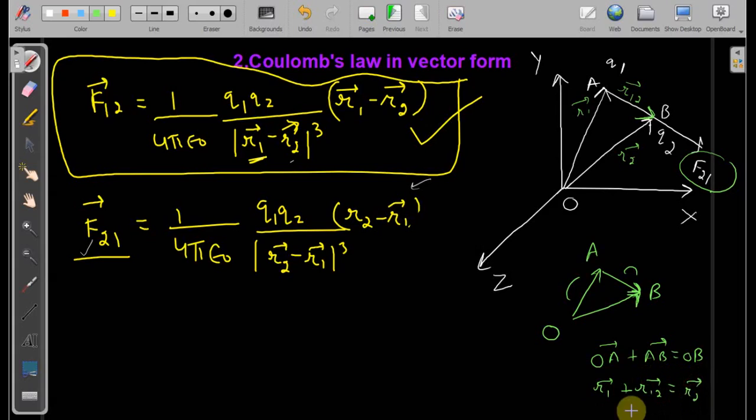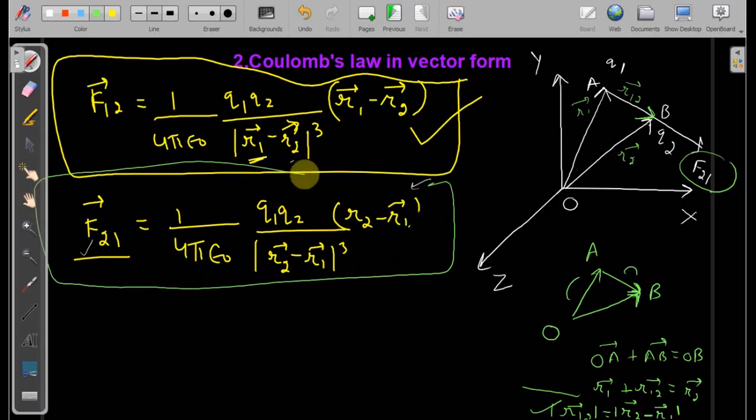So it means you can write R12 is equal to R2 minus R1. In the same manner, if you want to write in the magnitude form, you can put the mod. The same procedure you will apply and you will get these values. Here your indices will change, and here R1 and R2 indices will change.